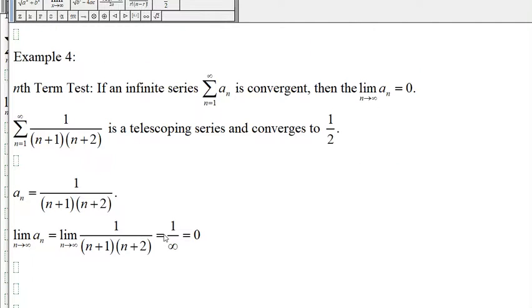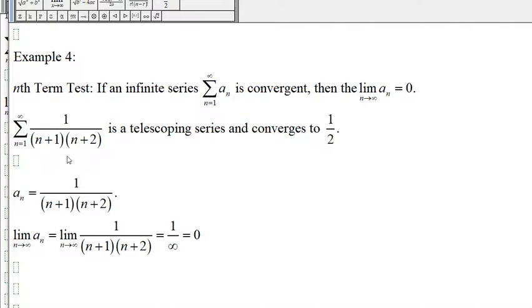And then here's one more. The infinite series 1 divided by n plus 1 times n plus 2 is a telescoping series and converges to 1/2. And we have shown this in an earlier video on telescoping series.